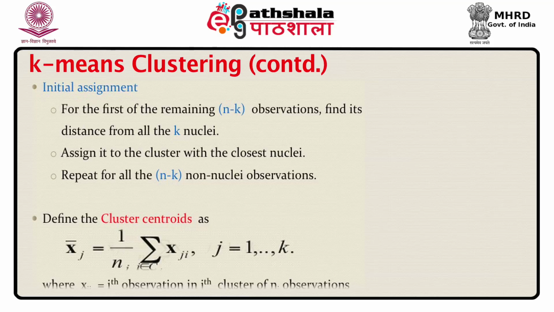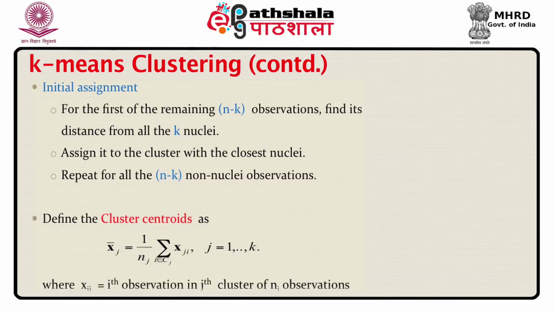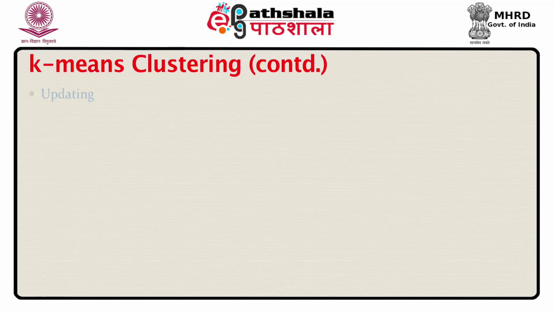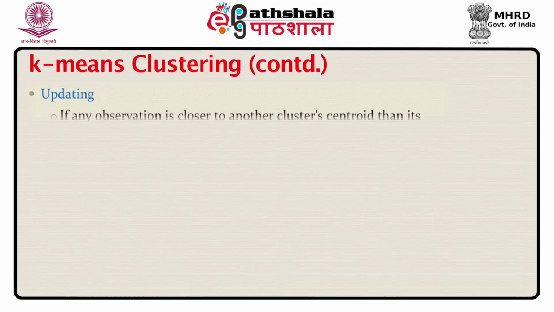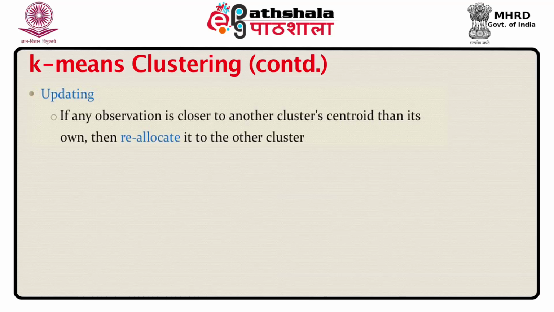Now having found these cluster centroids, we have to go back again and reallocate the observations, in the sense that having done the first set of allocation based on the single member clusters, once we have formed the centroids, it may be that one member becomes closer to another centroid than to its own centroid.